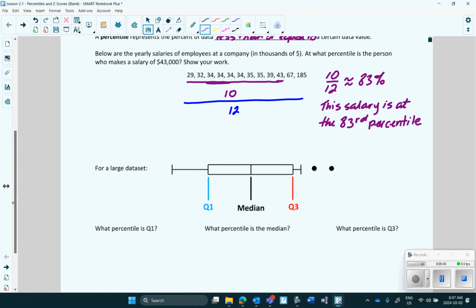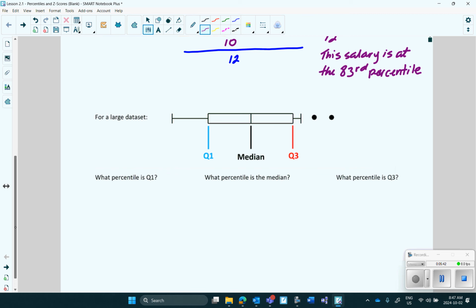You're already familiar with some percentiles, we just never referred to them as percentiles yet. When we were looking at box plots, remember, the box portion of the box plot, the left-hand side of the rectangle is the value of Q1. The vertical bar somewhere inside the rectangle is the median, and the vertical bar on the right side of the rectangle is Q3.